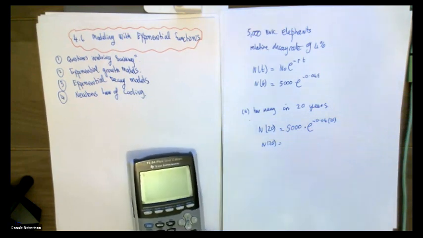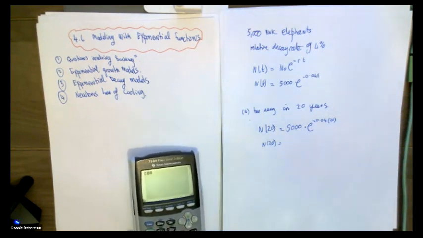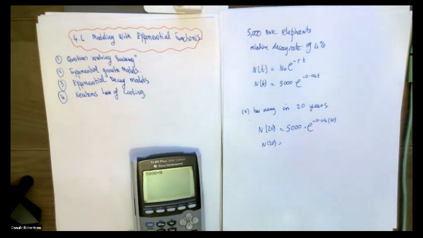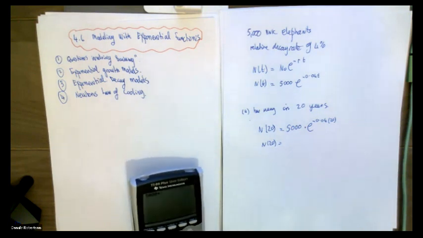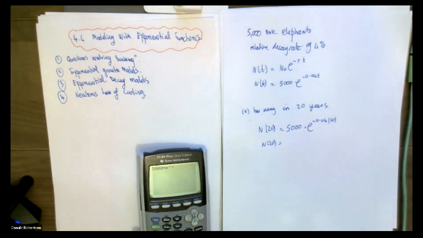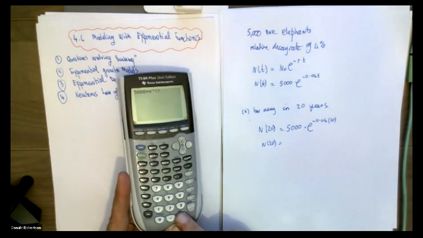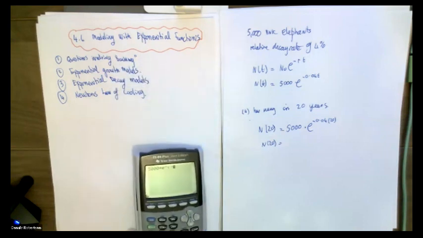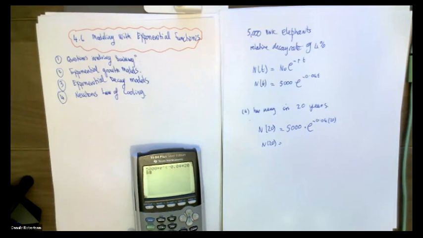So we'll go like this. It's going to be 5,000 times e. Let's do that version of e. e to the power of, put a bracket around it, negative, notice I'm using the bottom one there, negative 0.04 times 20.